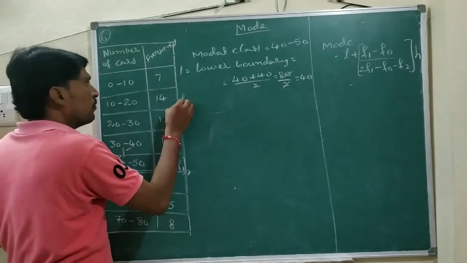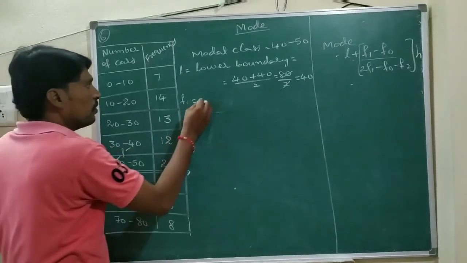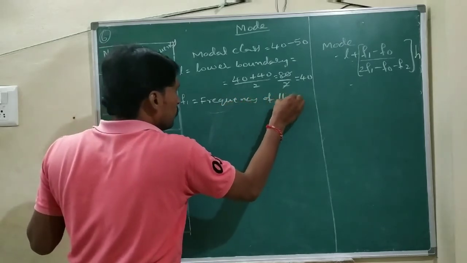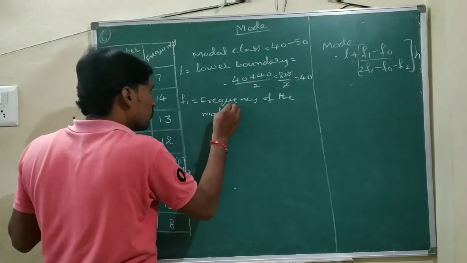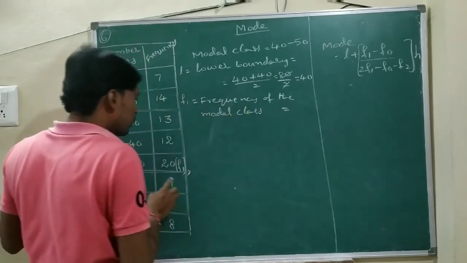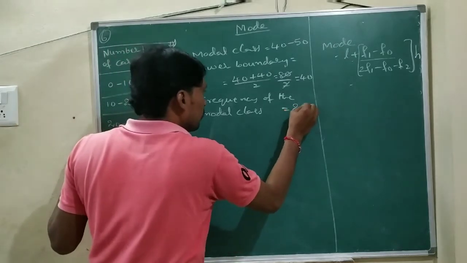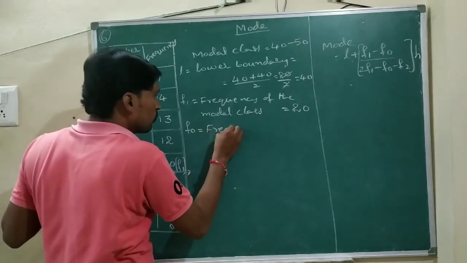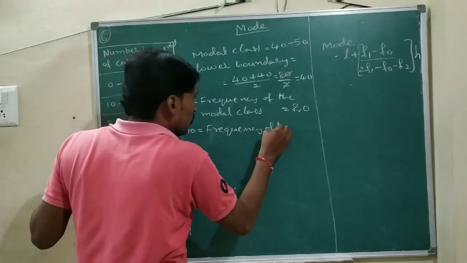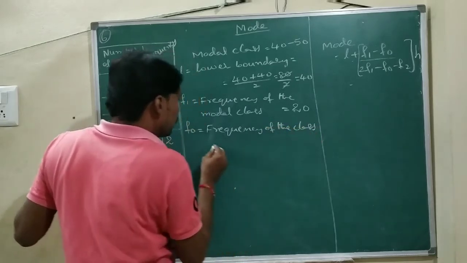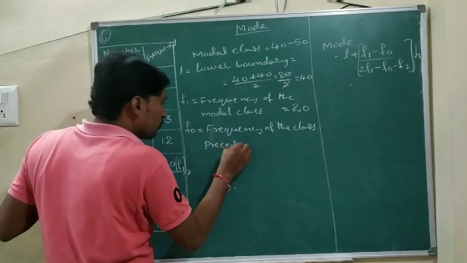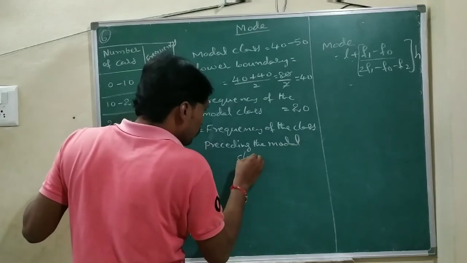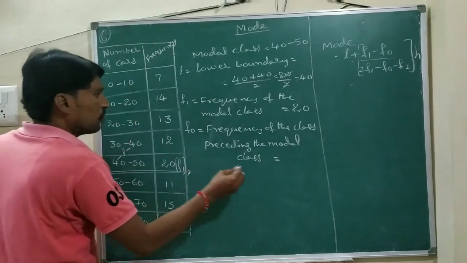Next, F1. F1 means the frequency of the modal class. What is the frequency of the modal class? That is 20. Next, F0 means the frequency of the class preceding the modal class, that is 12.